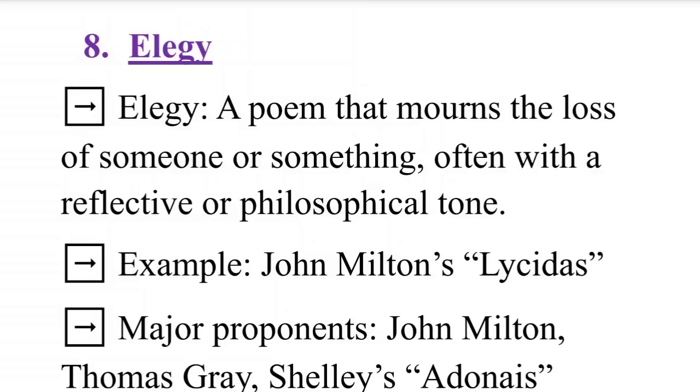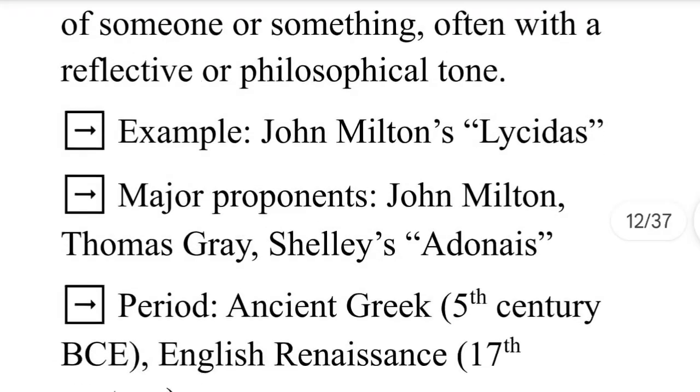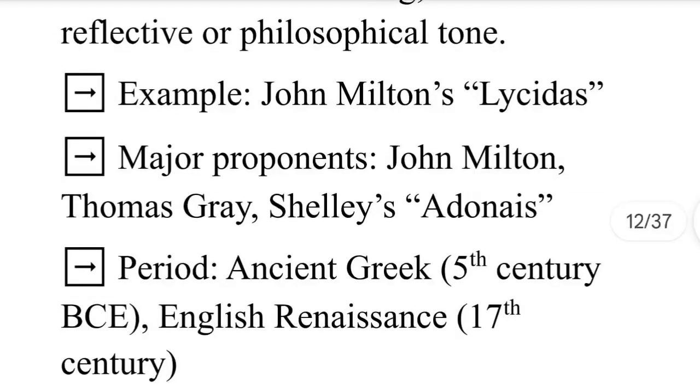When it comes to major proponents of this form of poetry, that is elegy: John Milton, Thomas Gray, and Shelley, especially Shelley's Adonais is the best example for elegy. When it comes to oral literature, it was popular during ancient Greece, that is the 5th century.